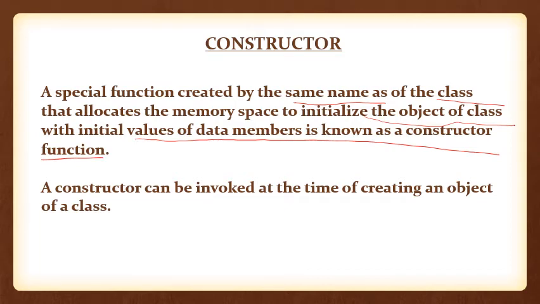So here are some special points. First thing, a constructor is which type of function? It is a special type of function created by the same name as that of a class. So the name of the constructor function and the name of a class.